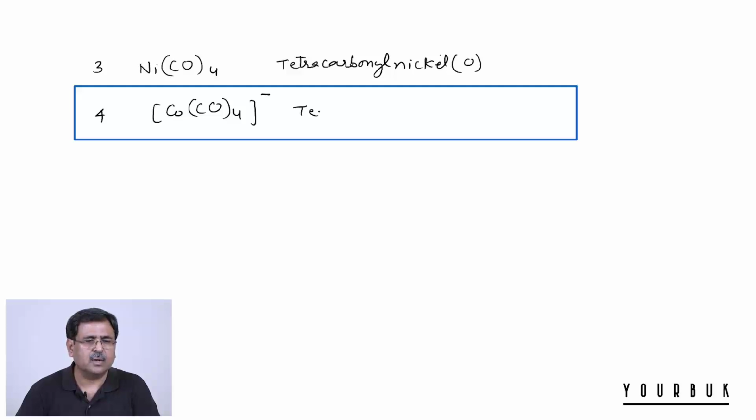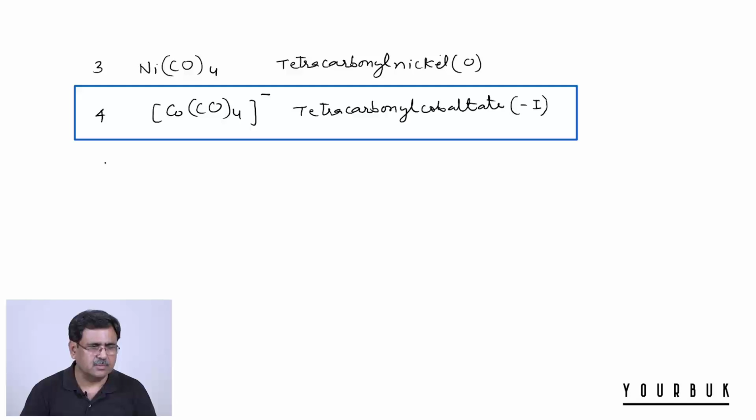It is called tetracarbonyl, then we write cobalt as cobaltate followed by its oxidation state, that is -1. So, there are some examples where the metal shows 0 and negative oxidation states. We will discuss some more examples now.